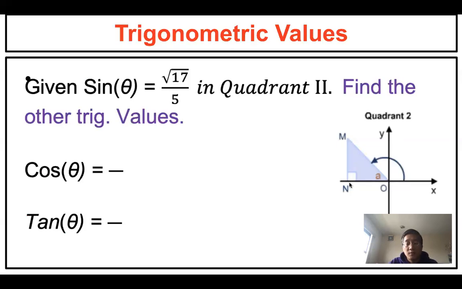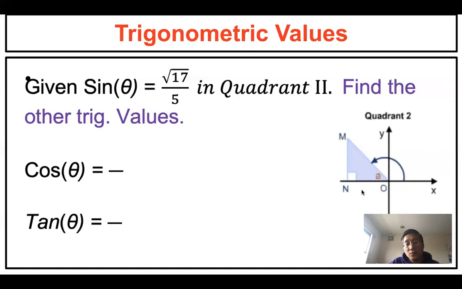Now we know that 5 is the hypotenuse. And then radical 17 goes where? Here, right? Opposite of the angle, because O is opposite. So square root of 17, you put it here.